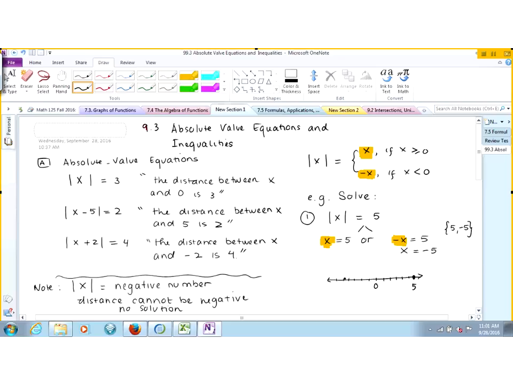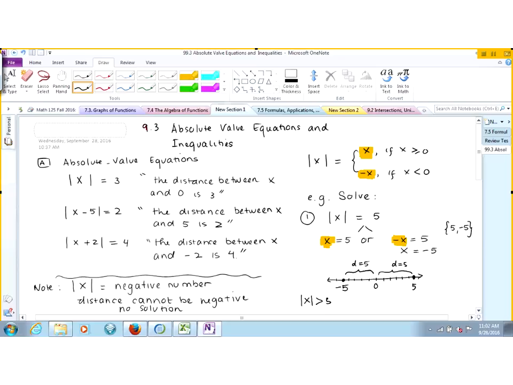So this is 5, and this is negative 5. Which 2 points are they? Those 2. This is also the distance from 0 is 5.